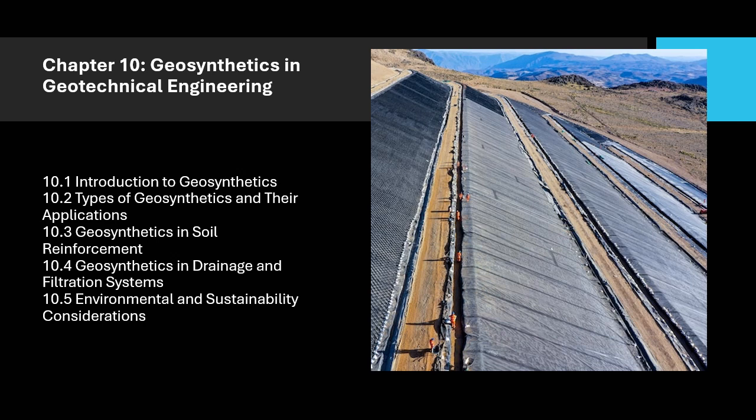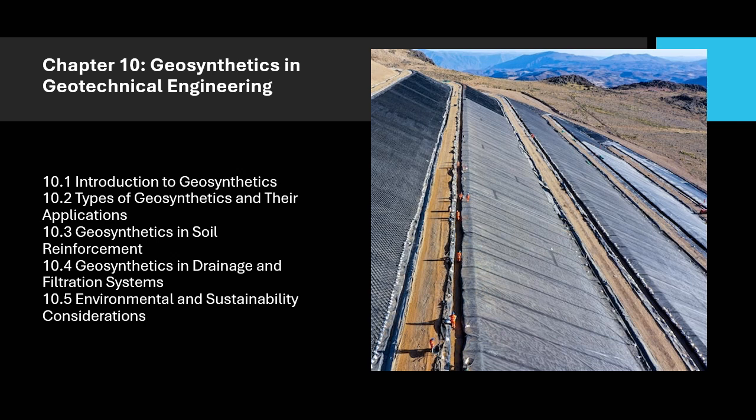10.1.3 Functions and applications of geosynthetics. Geosynthetics are utilized in various applications to address specific geotechnical challenges. Below are the main functions and uses of geosynthetics in geotechnical engineering. 1.